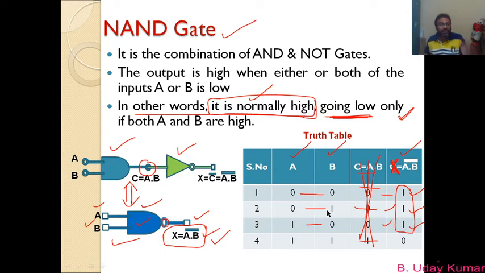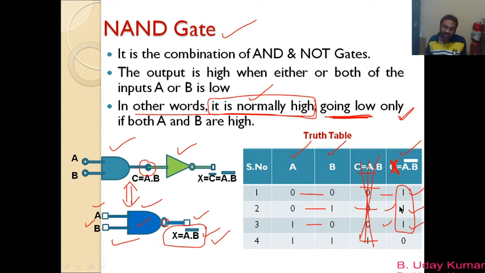That means we have 2 inputs, A and B. If any one of the inputs or both the inputs are low, then automatically the output is high. That is mentioned as a definition here.